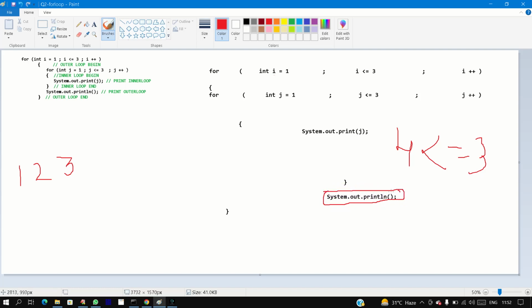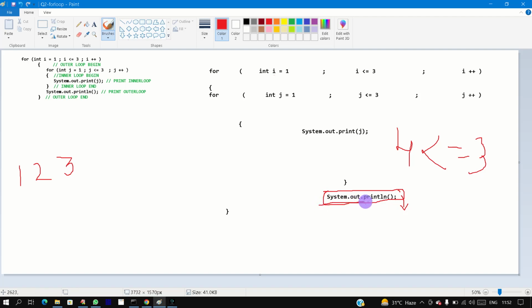The outer loop is not guiding anything. The outer loop is just saying you have to change your line. After that, you have to change your line, isn't it? Fine. I hope you are crystal clear about whatever I have explained.